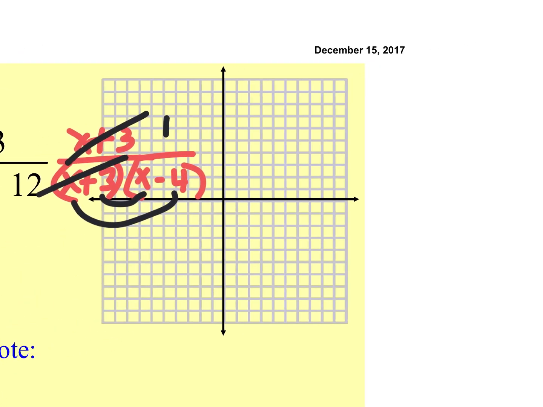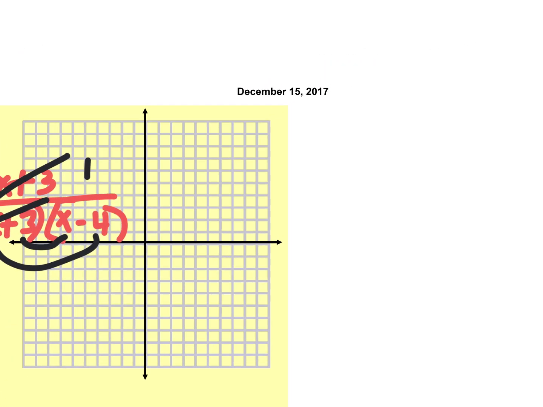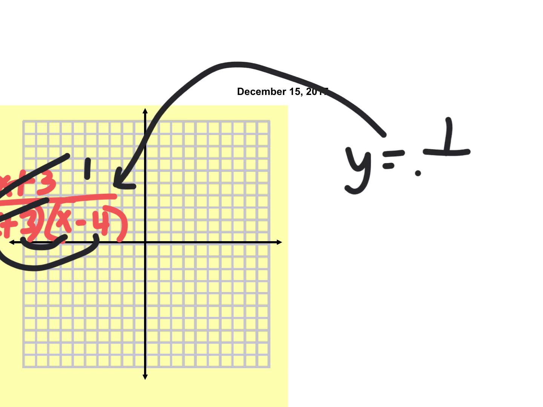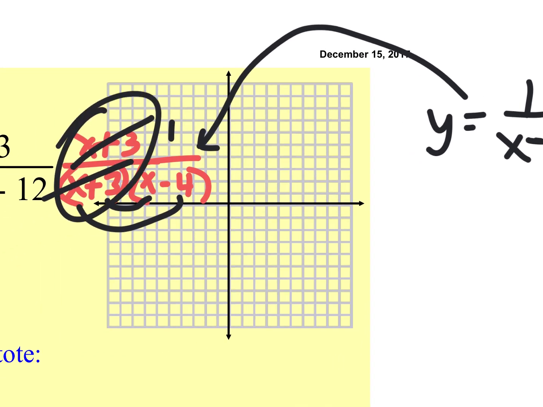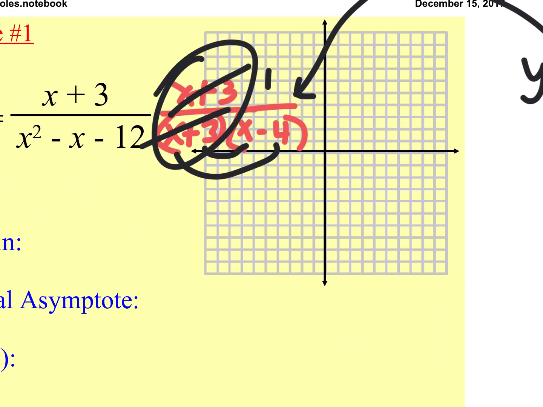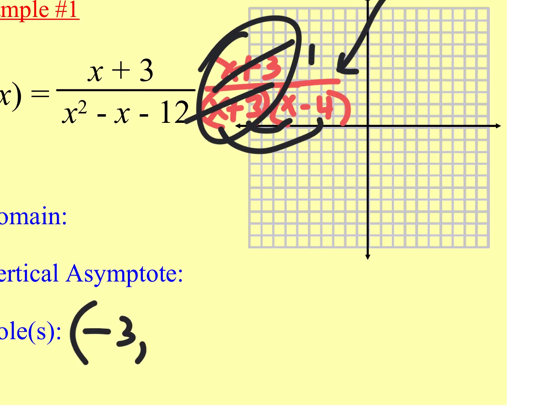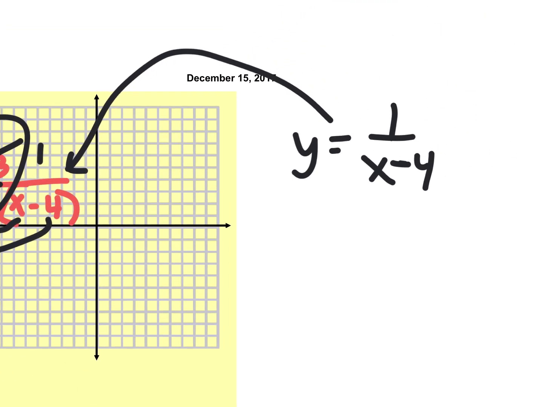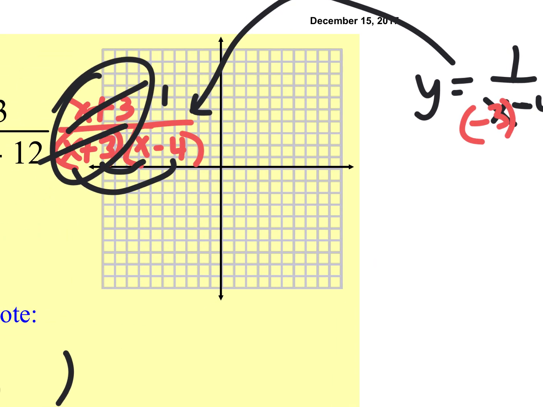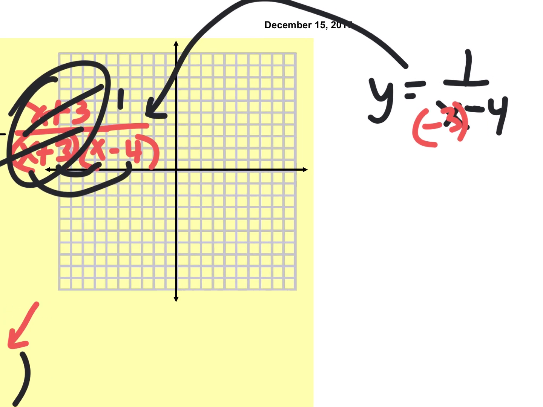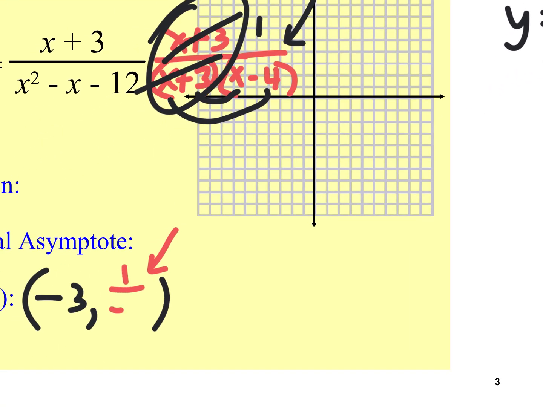Now, just a side note, if you did have to graph it, that's what you would graph: y equals 1 over x minus 4. But you need to remember there was a hole that was created back there at -3 comma something. -3 comma what? You put the -3 in this resulting function, and you'd have y equals 1 over -7, so -1/7.